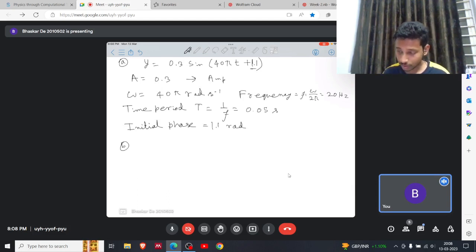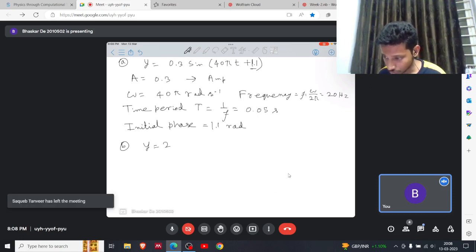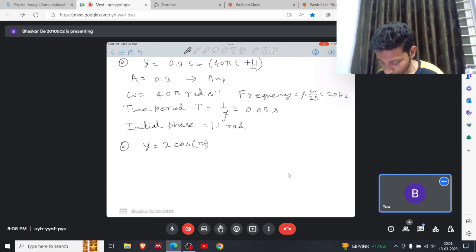Now again for b is very simple, y equal to 2 cos pi t. So here A equal to 2, omega is equal to pi radian per second.